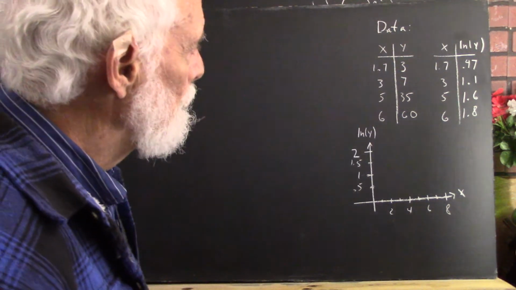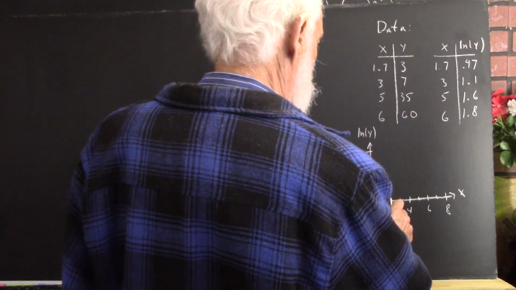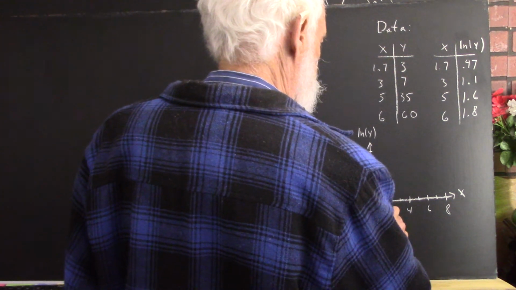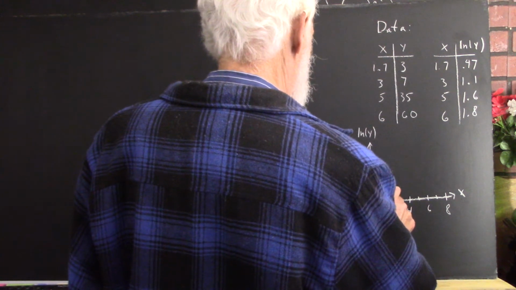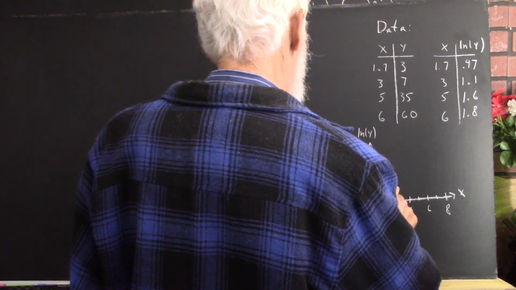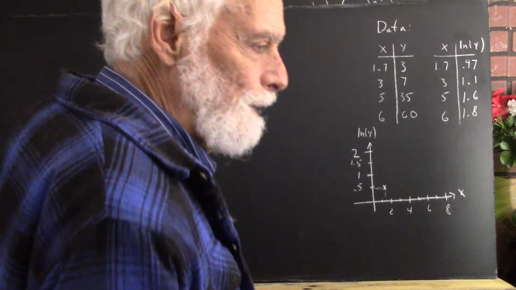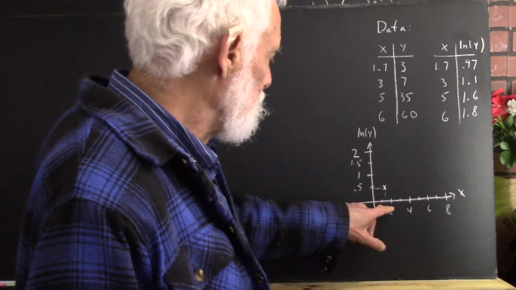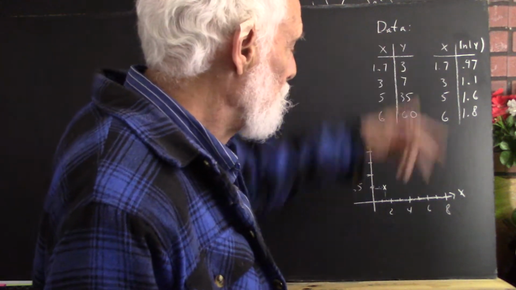And now I'm going to do a freehand graph. 1.7 would go about here, actually about here, and 0.47 would go about here. So here's one of my points. Now I'm not going to label it. It should be pretty clear that that's 1.7, 0.47, just the way the numbers are.